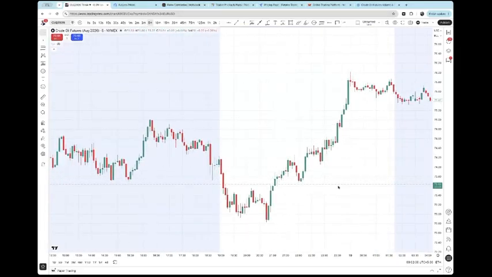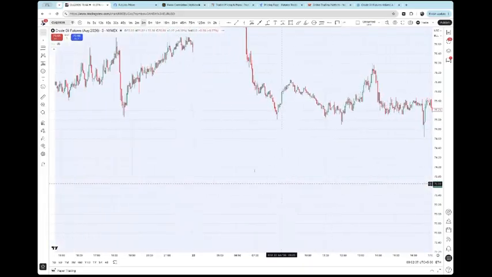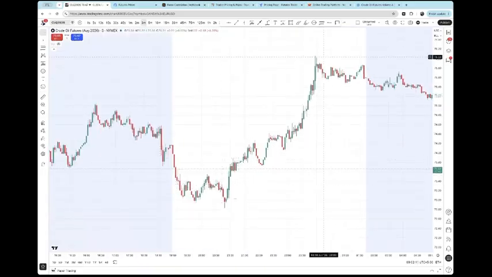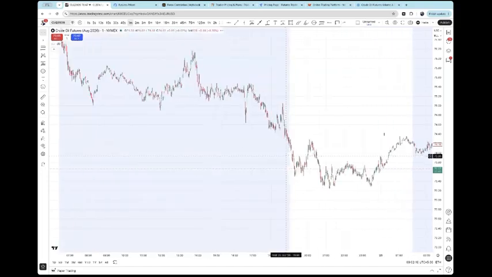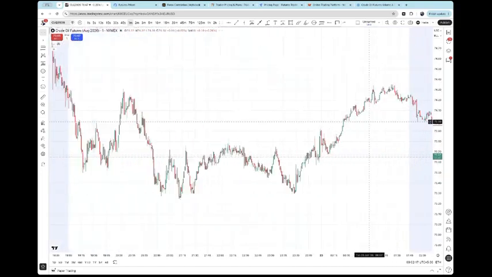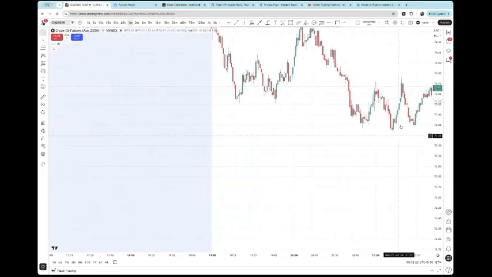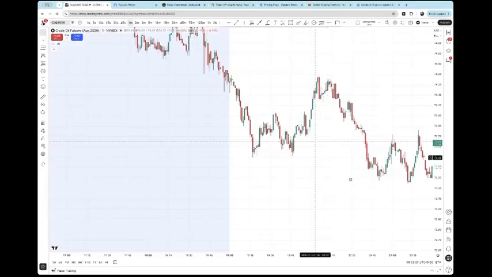This is your 3 minute time frame. No, this is your 1 minute time frame. Normally I haven't used 2 minute, so I don't use the 1 minute time frame.